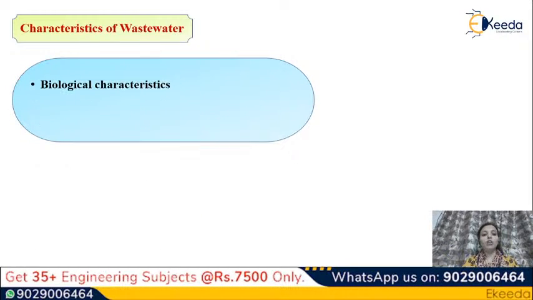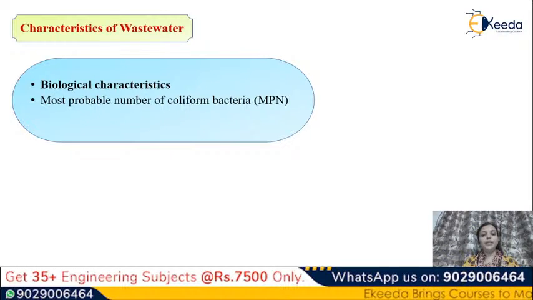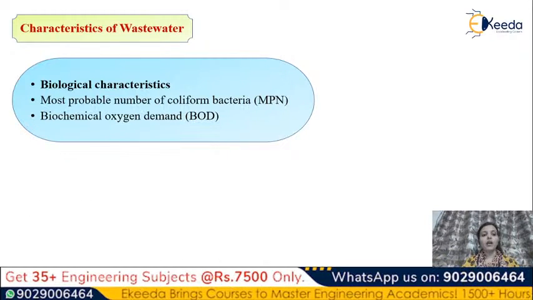And under biological characteristics: the most probable number or MPN of coliform bacteria, which will decide the colonies of pathogenic bacteria present in water, and the biochemical oxygen demand, that is BOD. All these terms are very important because they will decide the quality of that particular water.